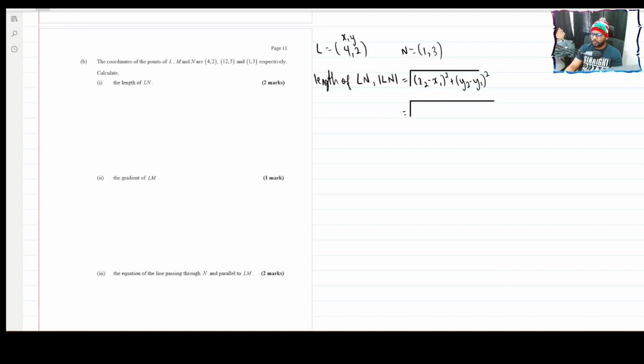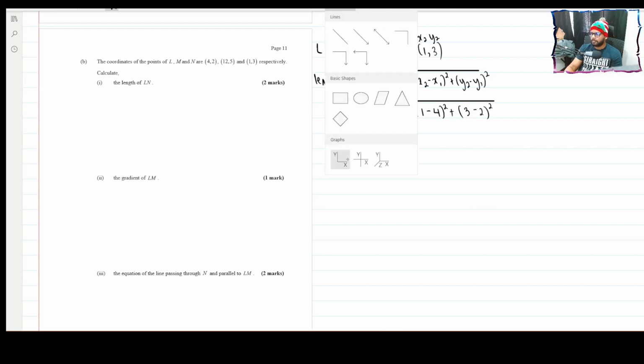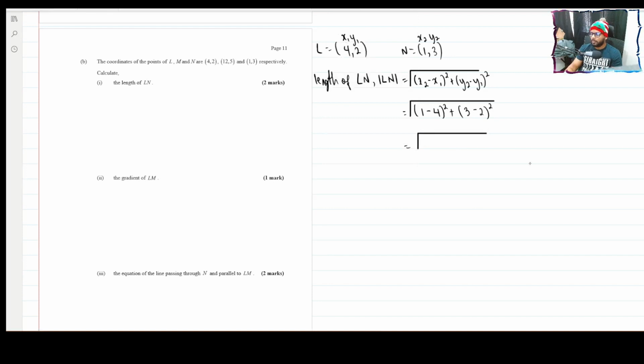Let this be x1, y1, let this be x2, y2. x2 minus x1 squared plus y2 minus y1 squared. 1 minus 4 is minus 3, and minus 3 squared is 9, plus 3 minus 2 is 1, 1 squared is 1, and I'm going to get the square root of 10 units.